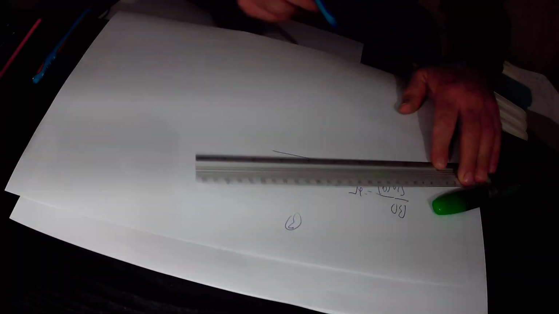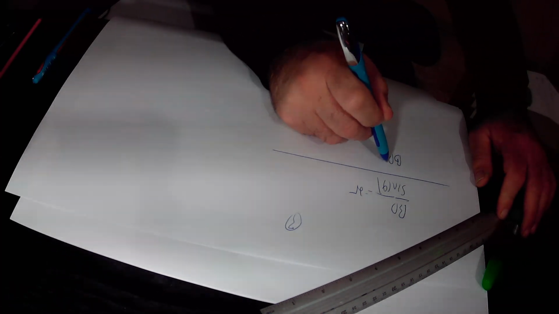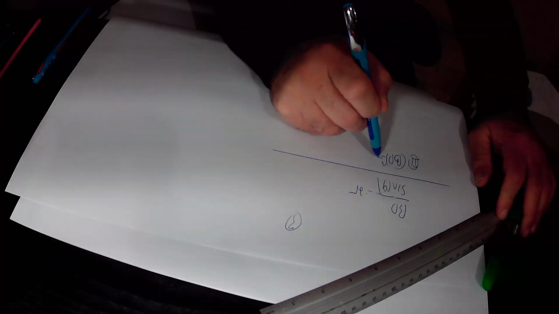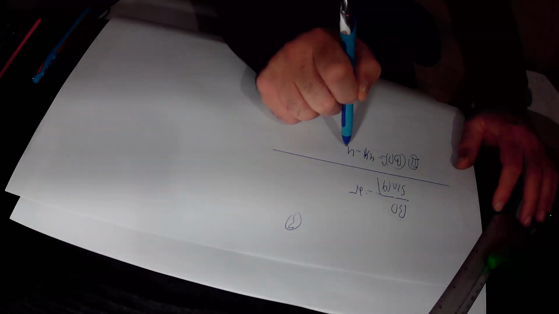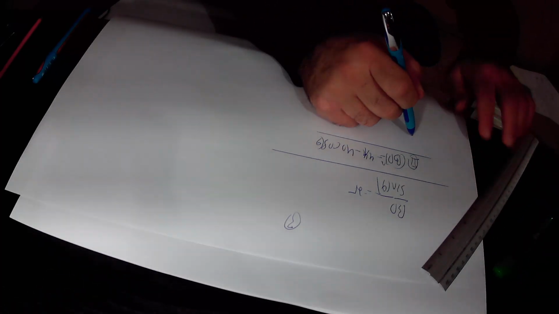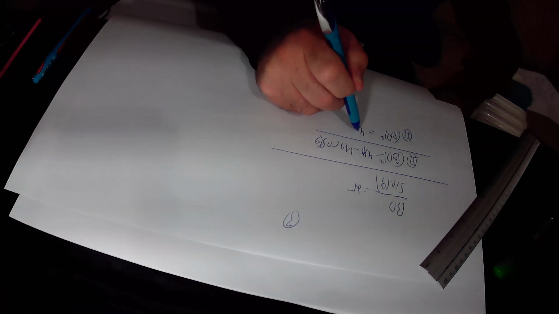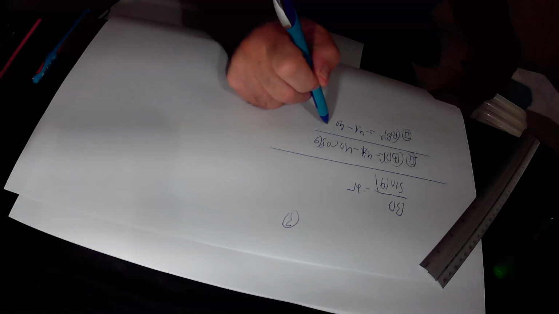According to equation 2, we found that BD square equals 41 plus 40 times cosine alpha.